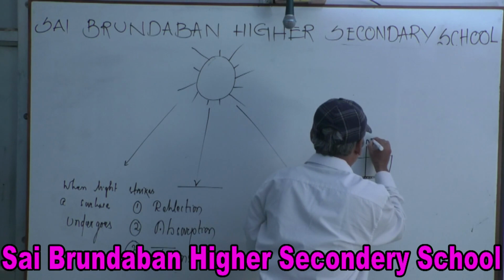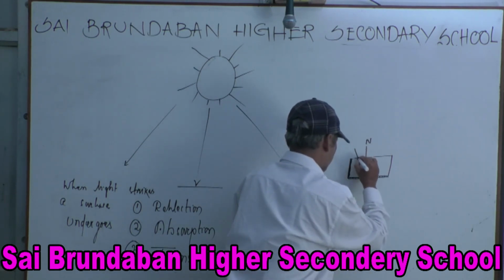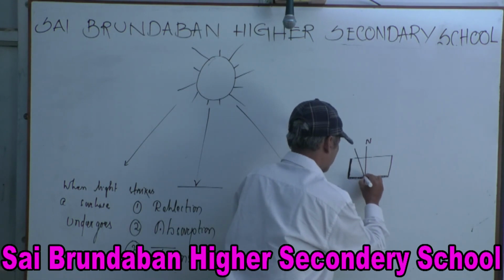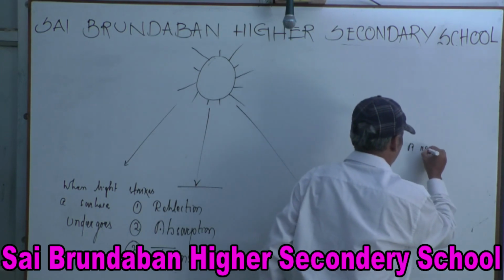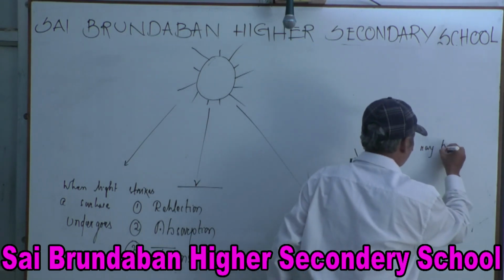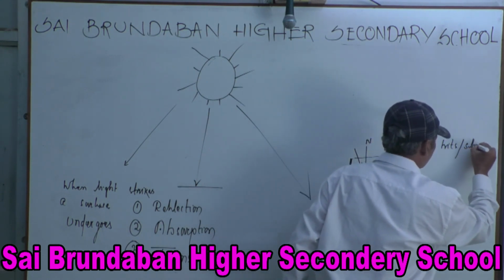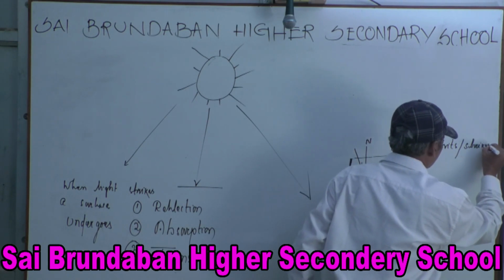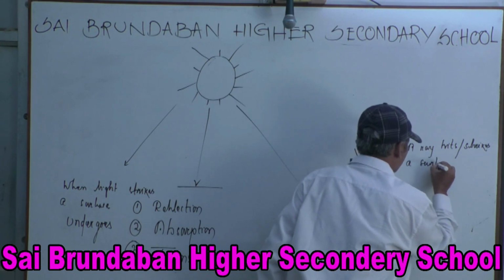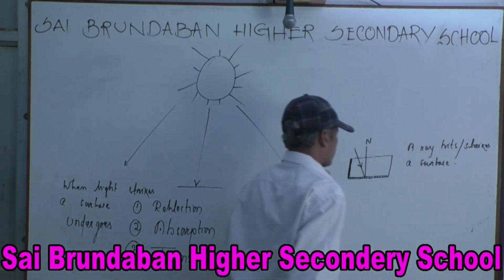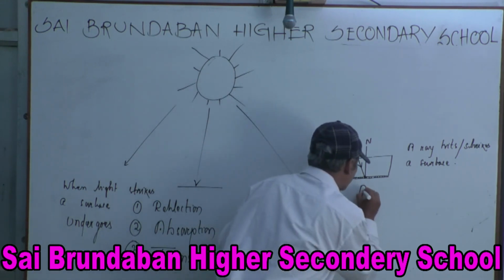This is a normal. A ray hits or strikes a surface. This particular point is called the point of incidence.